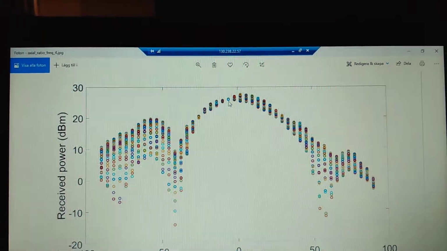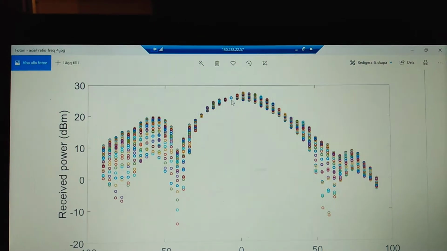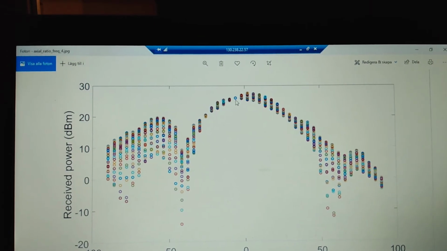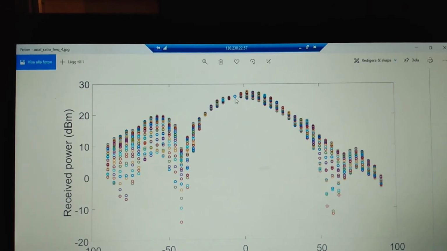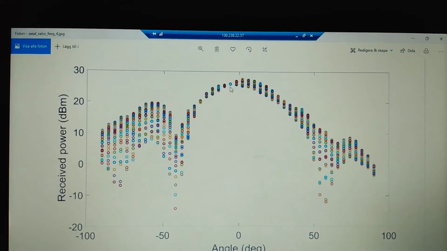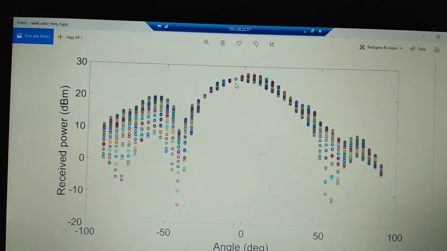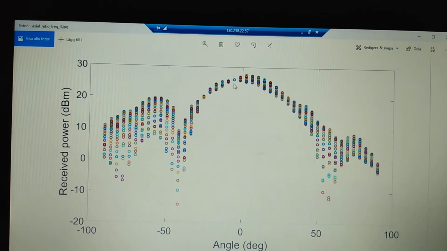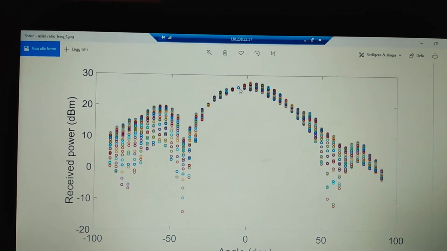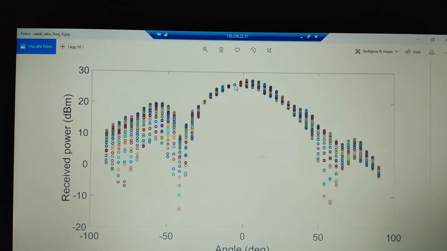So the polarization at this point is 0 dB, or in absolute terms it is 1. So for all these 29 points, the power level is the same at all 29 different steps.